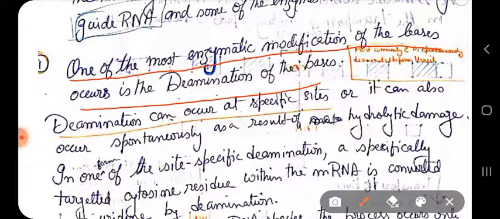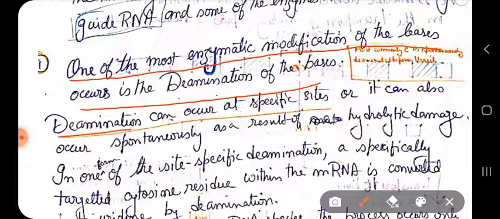So the most common RNA editing is deamination, which is the enzymatic modification of the nitrogenous bases. Most commonly, cytosine is deaminated to form uracil, and adenosine is deaminated to form inosine.